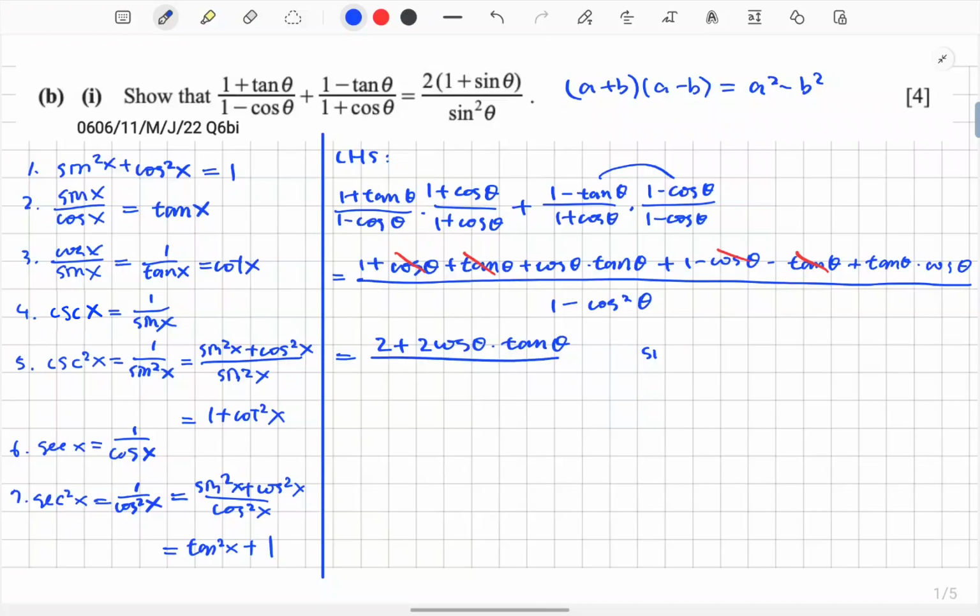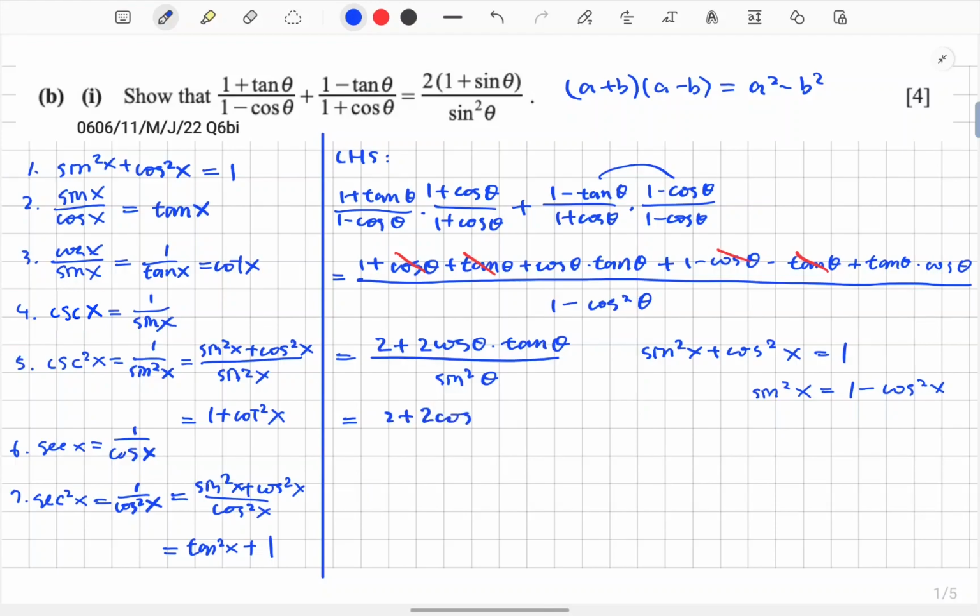Now we're going to use our first identity, but altering it a bit. Right now we have 1 minus cosine squared. We can move the cosine term to the other side, so we are left with sine squared x equals 1 minus cosine squared x. So our 1 minus cosine squared theta here is sine squared theta.